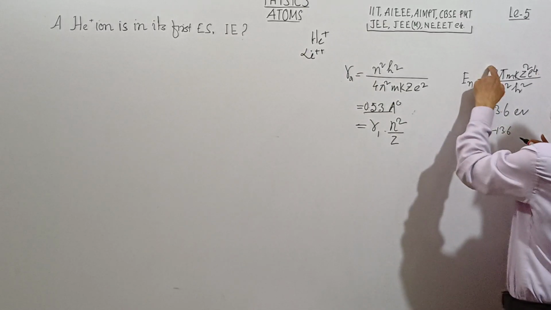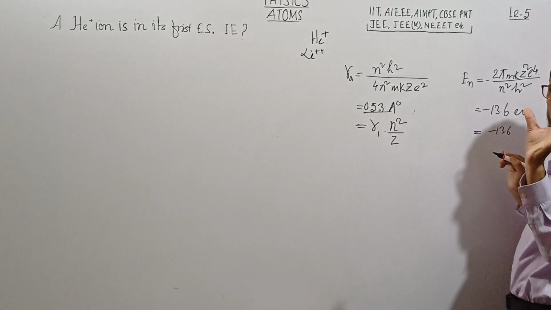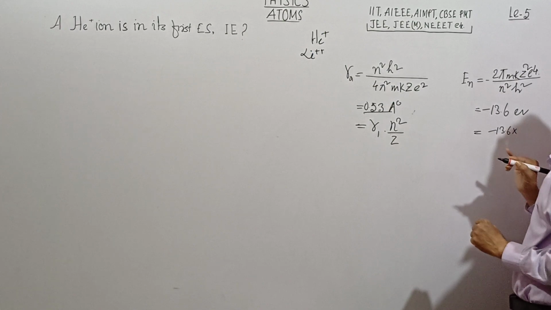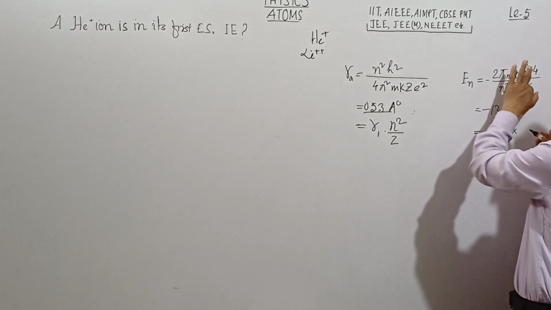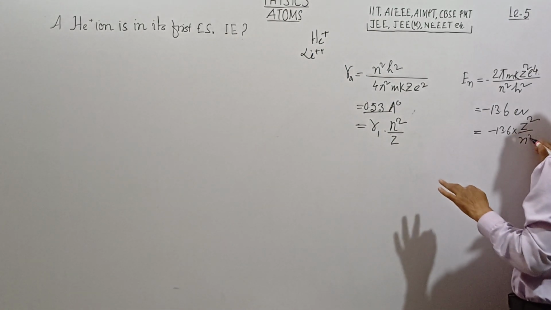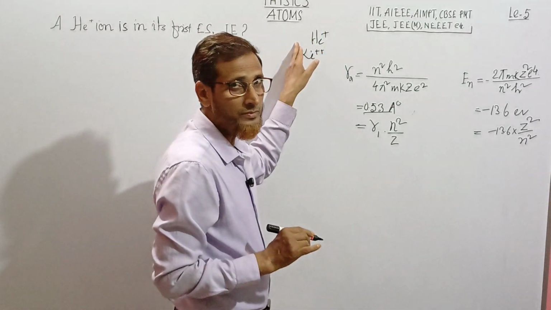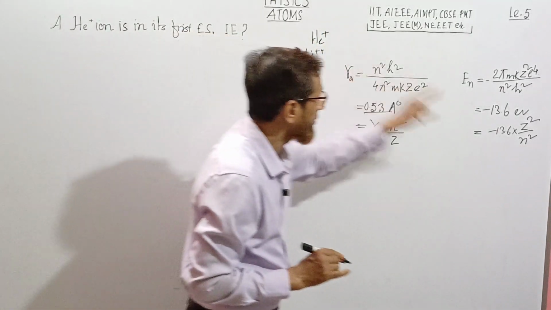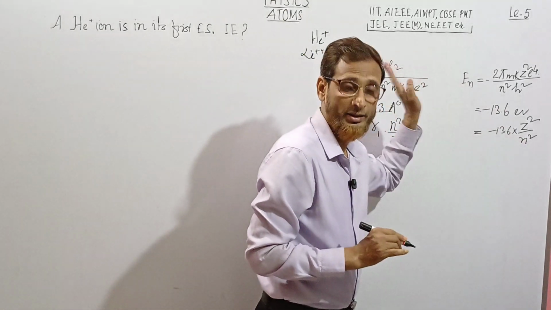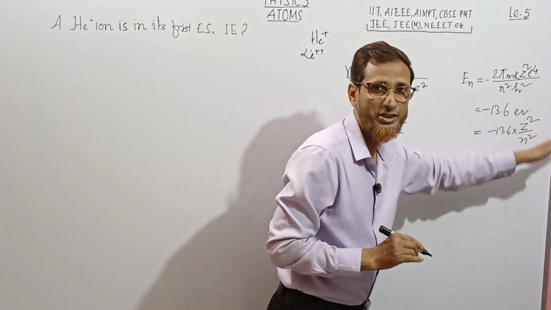Here 13.6 is fixed, for z equal to 1, the hydrogen atom, the energy of the electron in hydrogen. And with this, z square is there above and n square is there below. Because z is related to other atoms or ions, z will change, and n is related to hydrogen also or others, because it may be the first excited state, second excited state, third excited state.